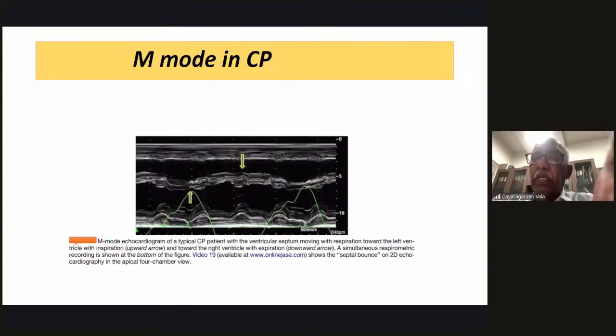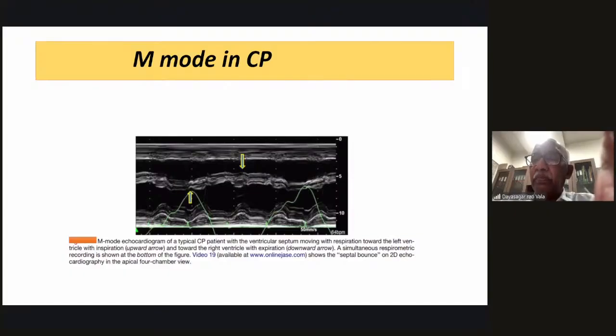You can see the respiratory phase that during the first arrow, upside arrow, the RVOT is increased in size, and in expiration, the reverse is happening. RVOT size comes down and the LV cavity size increases. This is a sign of exaggerated ventricular interaction because there's limited space caused by the thickened and fibrotic pericardium.